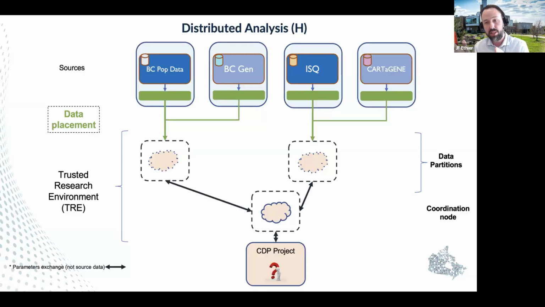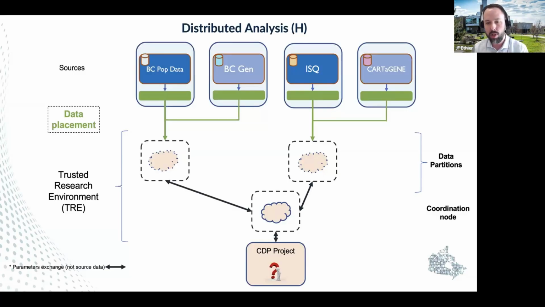We could use Cartagena, which is the equivalent to BC Genomics, ISQ, put them in one other secure environment. These two top clouds, if you will, are still local. So the left one is in BC, the right one is in Quebec, and there's a coordination node that will exchange quantities, so statistics between these two nodes to come down to the actual result.